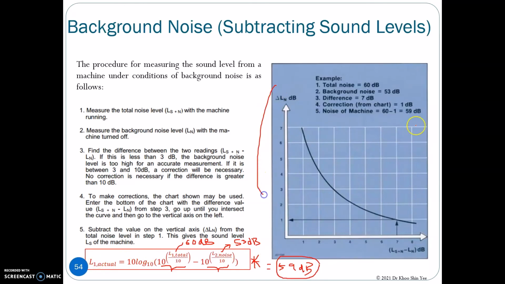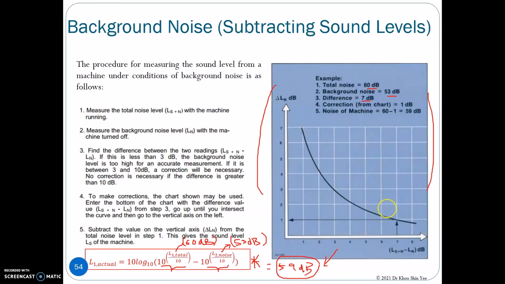We can also use this table to compute the noise from the machine. The total noise is 60 dB, background noise is 53 dB, similar to the example here. Then the difference between the total noise and background noise is 60 minus 53, which gives you 7 dB.